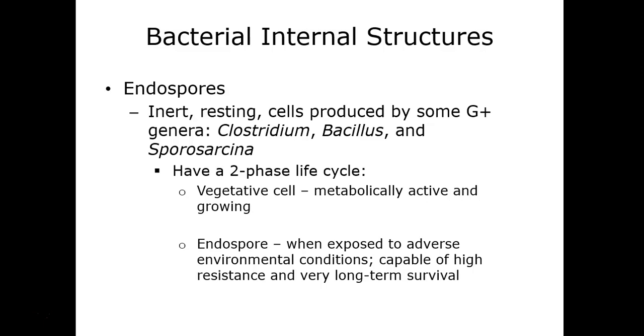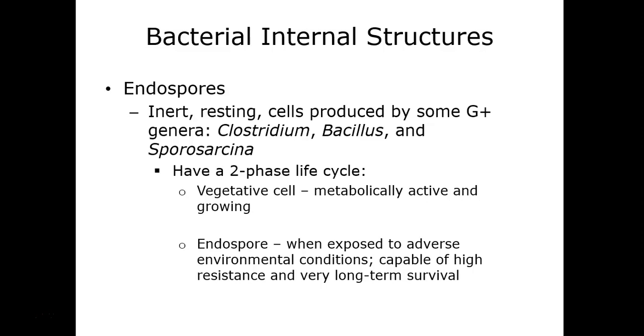So when these vegetative cells are exposed to stress conditions, nutrient depletion, harmful chemicals, UV light, they can go into and create this dormant structure that's capable of surviving for very long periods of time in these very stressful environments.